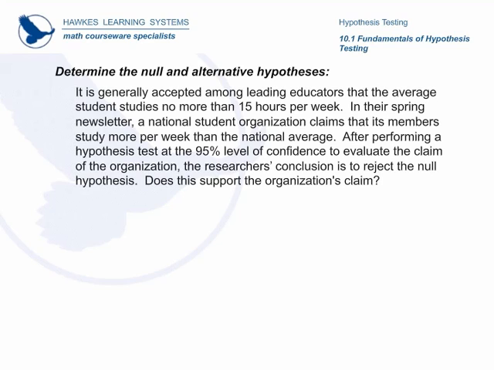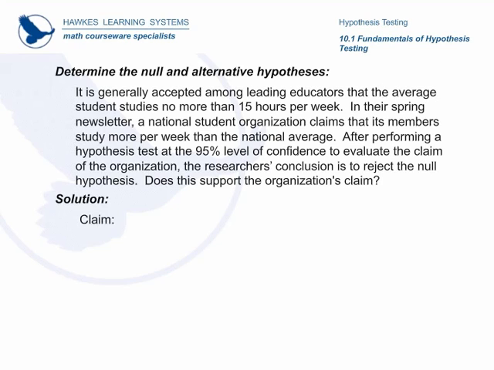After performing a hypothesis test at the 95% level of confidence to evaluate the claim of the organization, the researcher's conclusion is to reject the null hypothesis. Does this support the organization's claim?